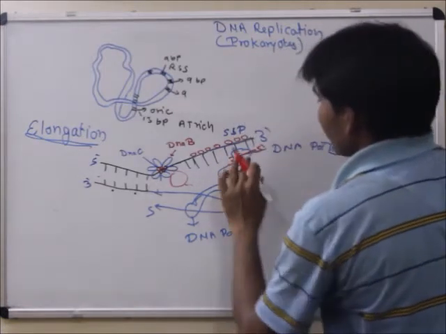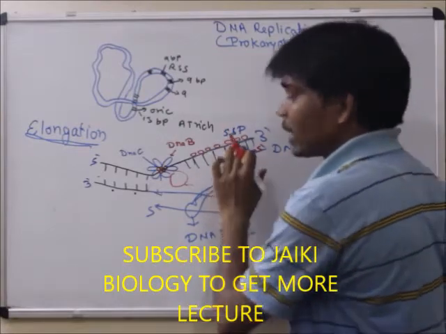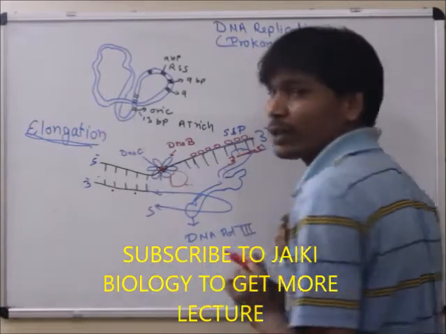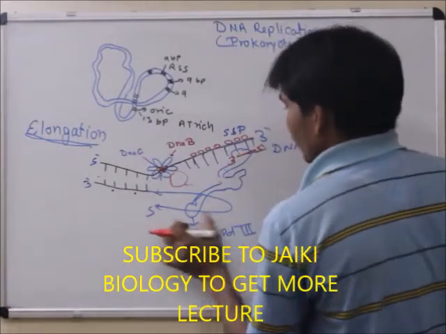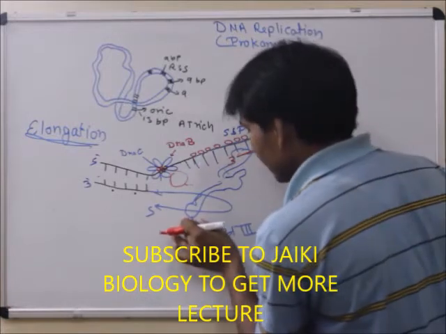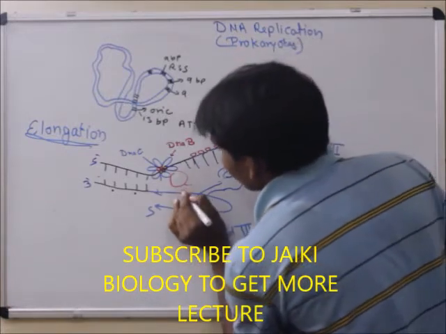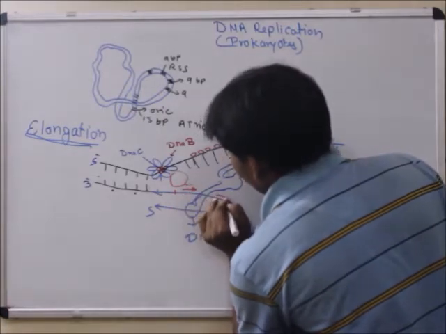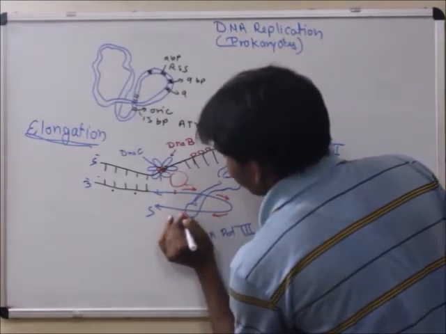A single primer is added and DNA polymerase recognizes it and adds nucleotides in the 5 to 3 direction. But here it moves in this area, but here you will see that there are many primers attached.